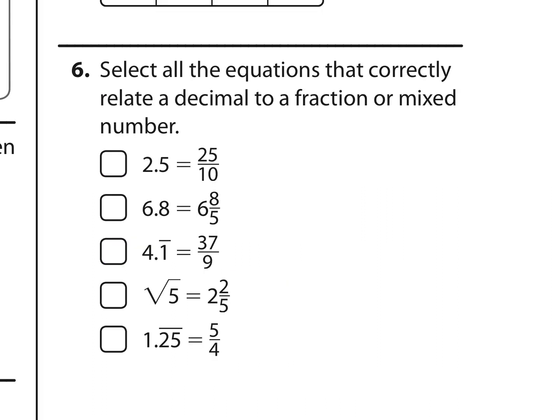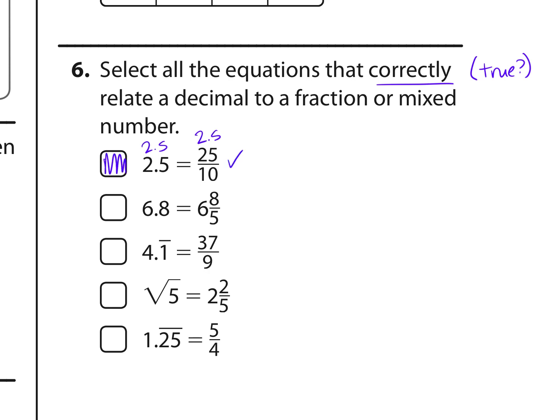Number 6, select all the equations that correctly relate a decimal to a fraction or mixed number. So we're just trying to figure out, is it true? The first one, we have a decimal, 2.5, and then 25 divided by 10 in our calculator is 2.5, so that's true.